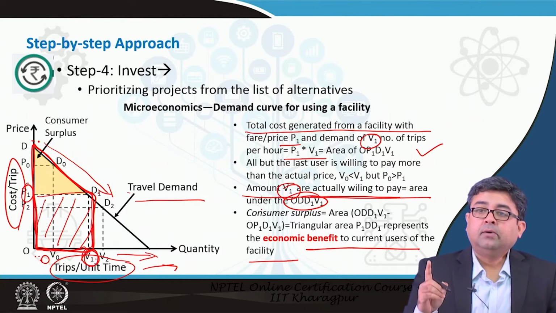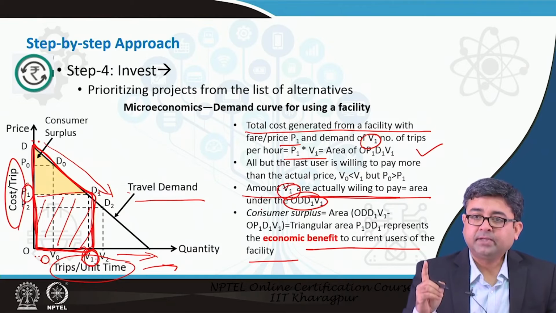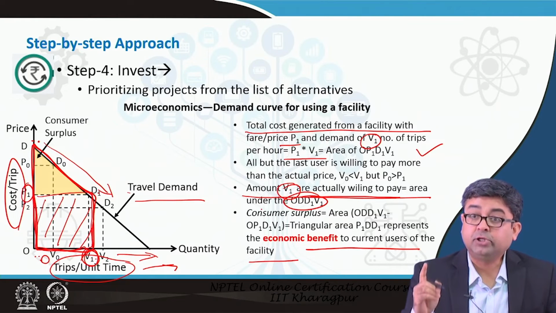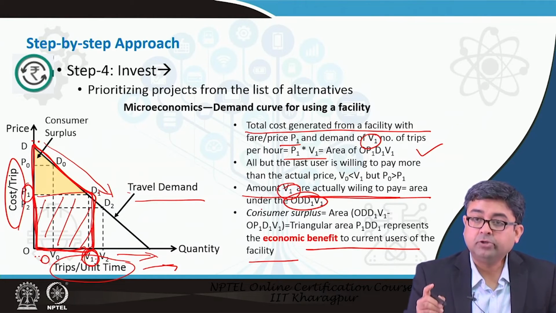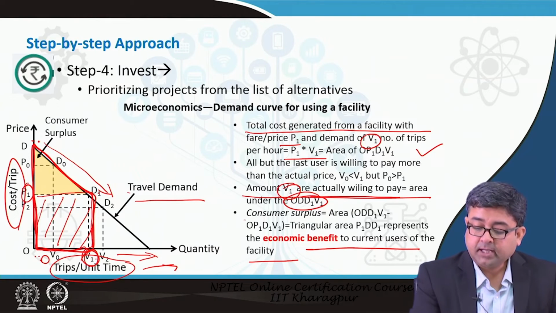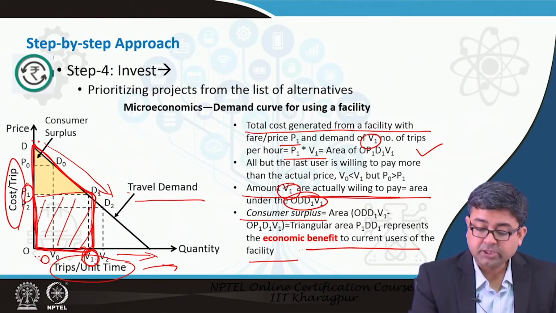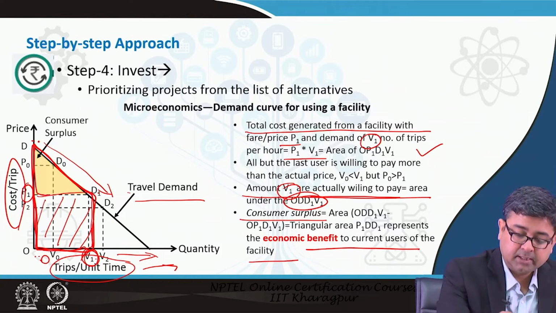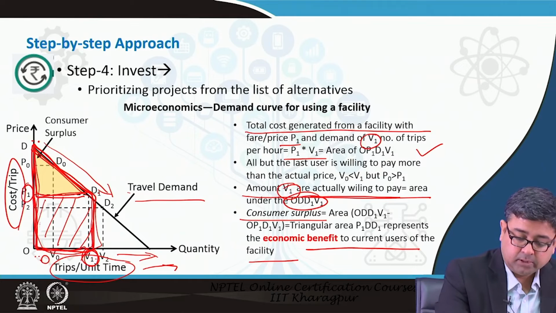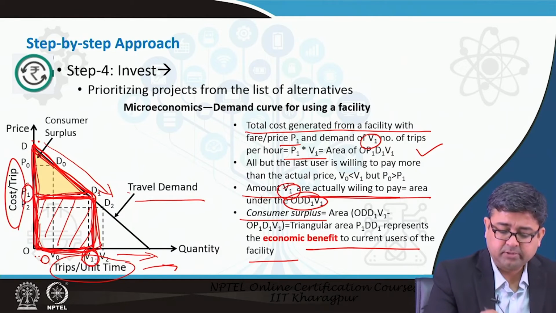Now, if a project is economically beneficial to the users, how do you determine that economic benefit? That is determined by what is called the consumer surplus. That consumer surplus is this yellow shaded area right there. You know the entire area, and you know the revenue generated, so the net is the difference.